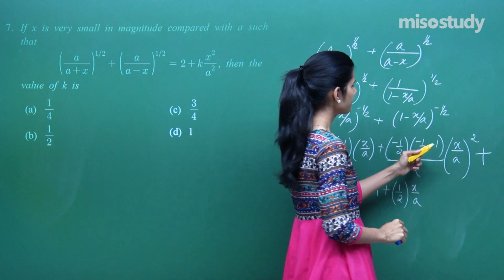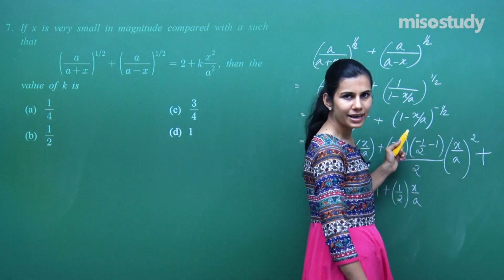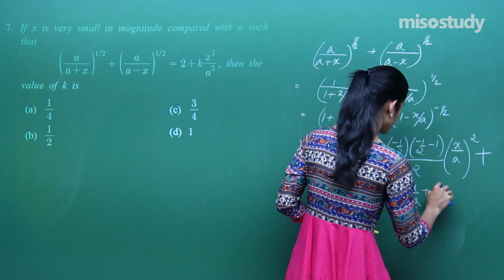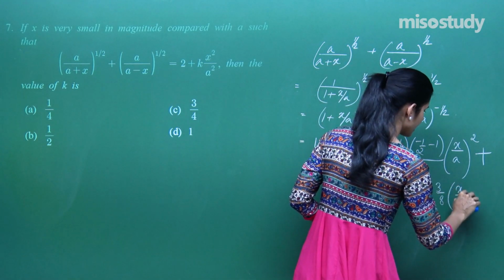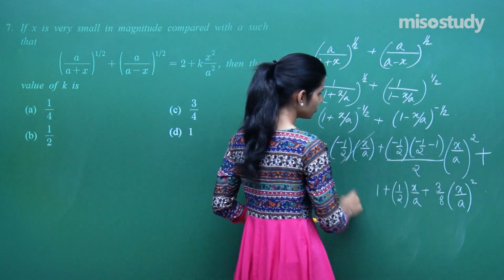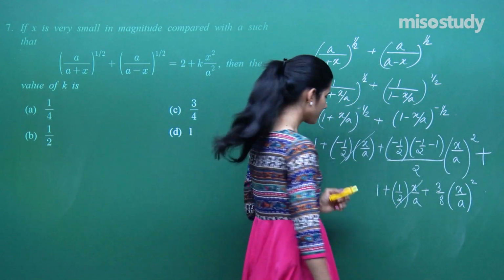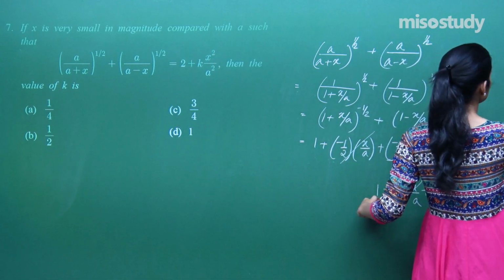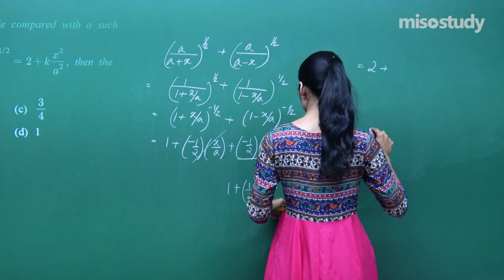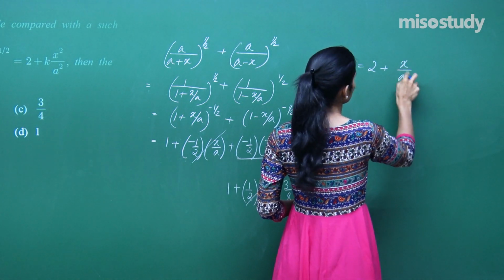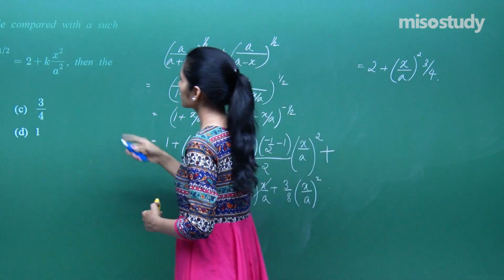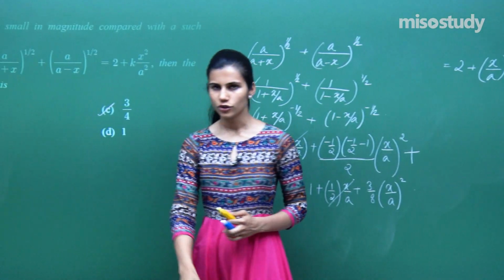And what is this, this is minus 3 by 2 into minus 1 by 2 which is 3 by 4 into 2 which is 3 by 8. So plus 3 by 8 times (x by a) का whole square. So you can see जब आप ऐड करेंगे तो ये टर्म तो कैंसिल ही हो जाएगा. आपके पास आया 1 plus 1 that is 2 plus 3 by 8 (x by a) whole square plus 3 by 8 (x by a) whole square. So 3 by 8 plus 3 by 8, twice of 3 by 8 which is 3 by 4, and so your k is nothing but 3 by 4.